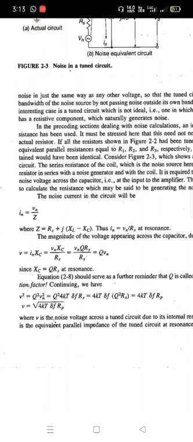If I want to select a particular frequency, what I am actually doing is changing the value of inductor and capacitor. The magnitudes of that inductor and capacitor are selected such that they will tune to that 100 megahertz only.